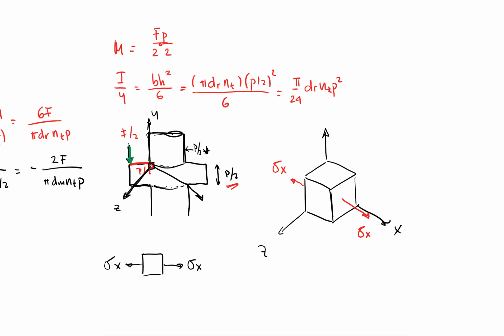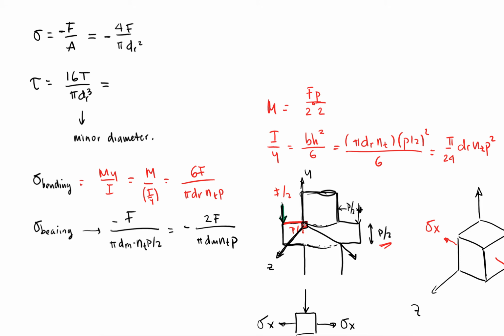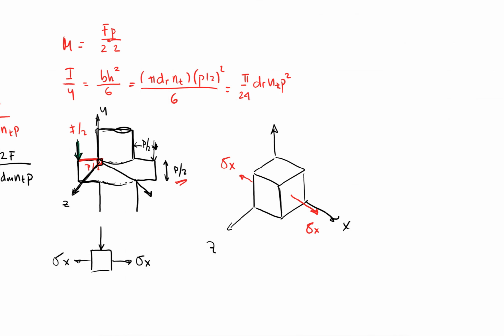Another super simple one would be, due to the compression, there's a force going down, same on the other side, so this sigma F over A would just be sigma y, going in the vertical direction.